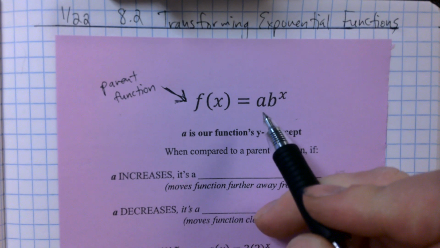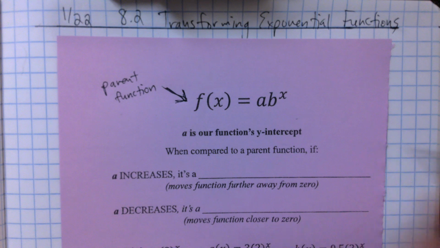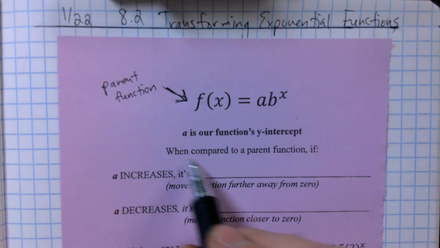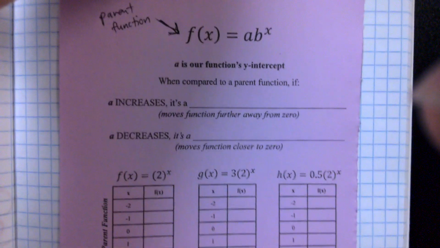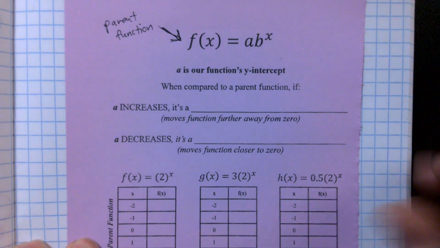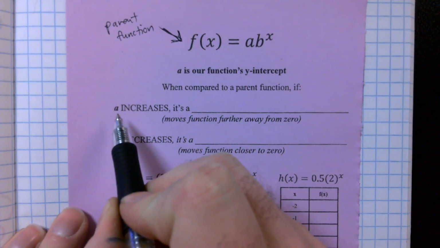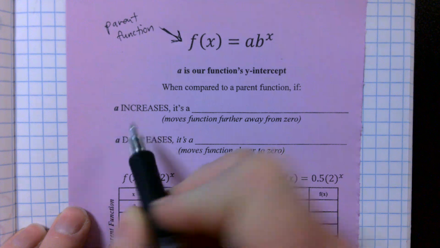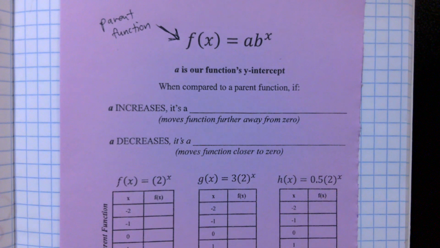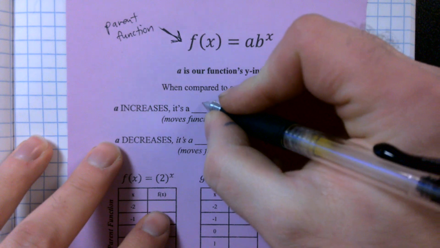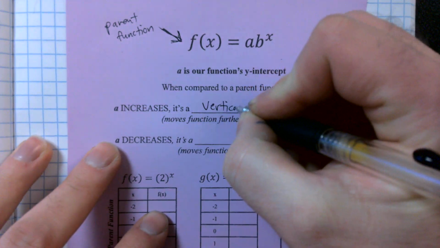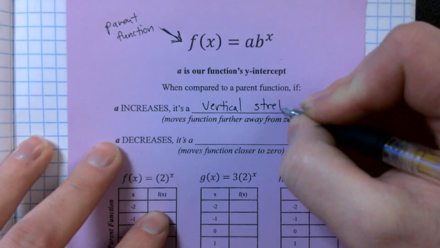Let's start out with A, okay? A is our function's y-intercept, like we know. When we compare a transformed function to our parent function, 2 different things can happen with A. A could increase, okay? Or A can decrease. If A increases, we have a vertical stretch.